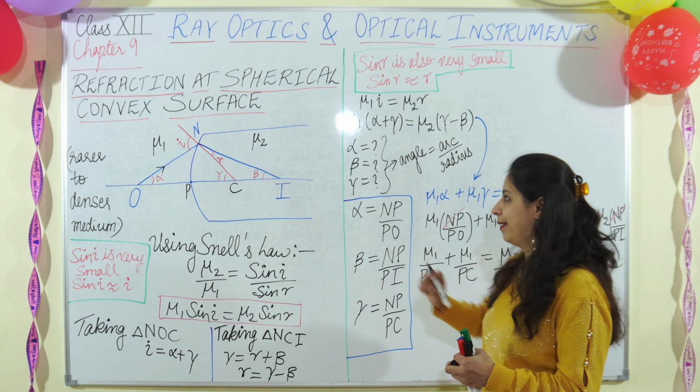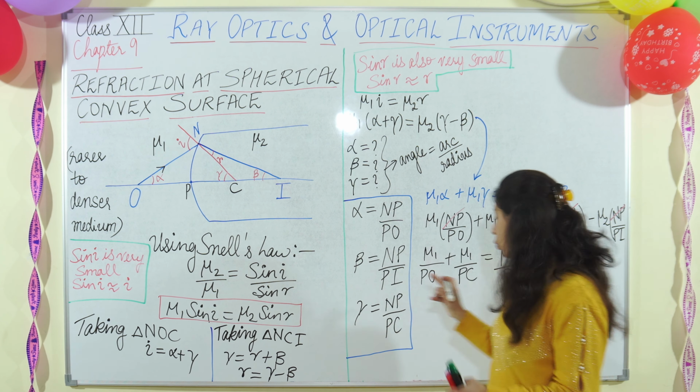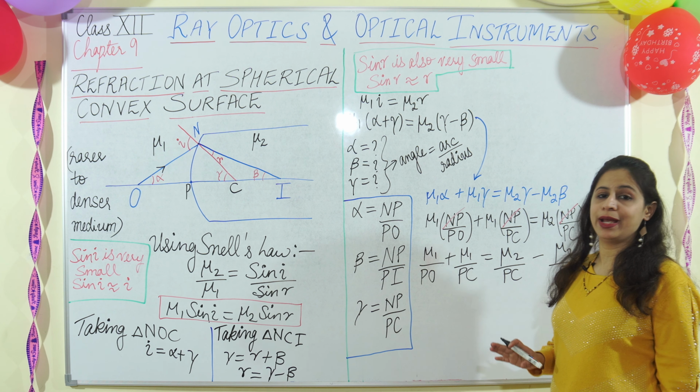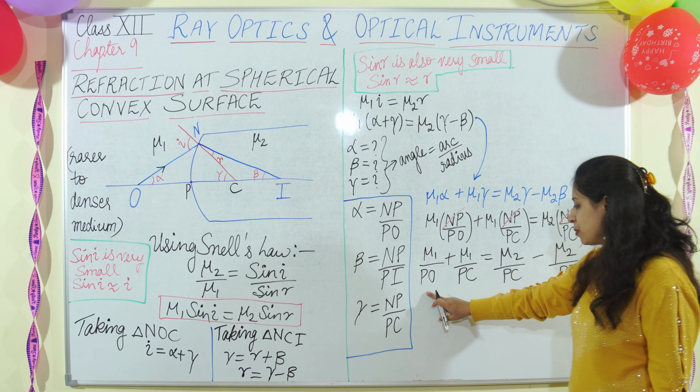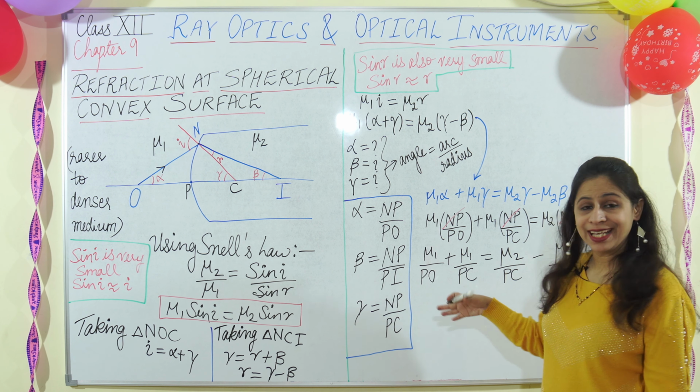Mu2 is the refractive index of the denser medium, mu1 is the refractive index of the rarer medium. So this equation we have got. Now what is PO, PC and PI? We have to replace these also.